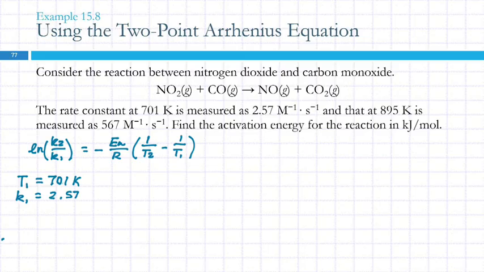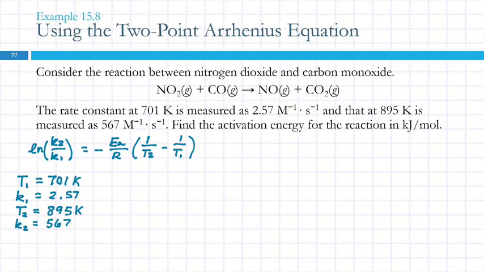And at 895 Kelvin, so that's T2, the rate constant is 567. So the rate constant got bigger at a higher temperature. Does that make sense? That's what usually happens. Not always, but almost always.